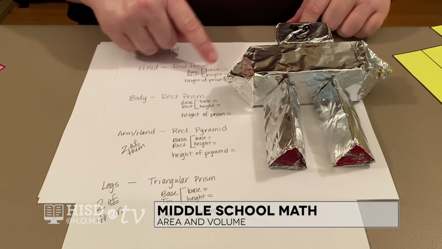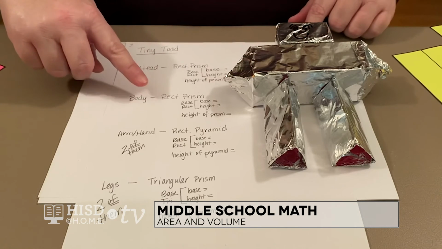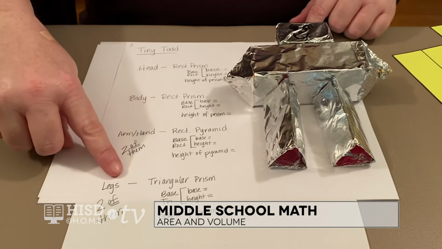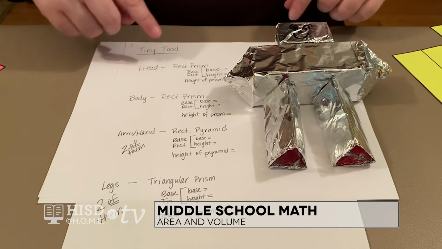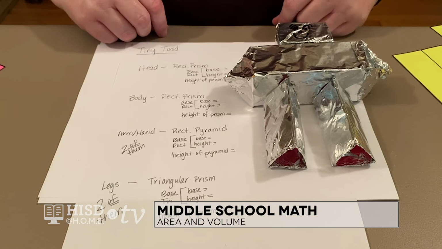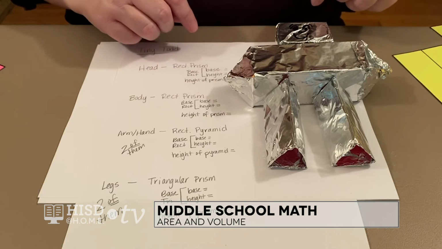And then I need to find the height of the prism. And so for each of the body parts, I go through and I do this. And remember that the focus in 7th grade is on triangular prisms and rectangular prisms, triangular pyramids, and rectangular pyramids. You don't have to cover your robot in tinfoil. I just thought it made him look cool. Thank you.